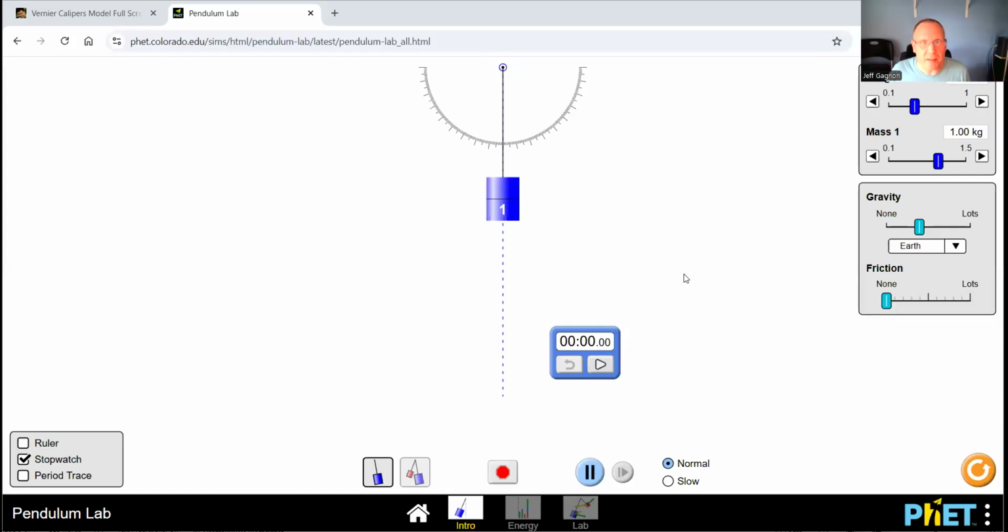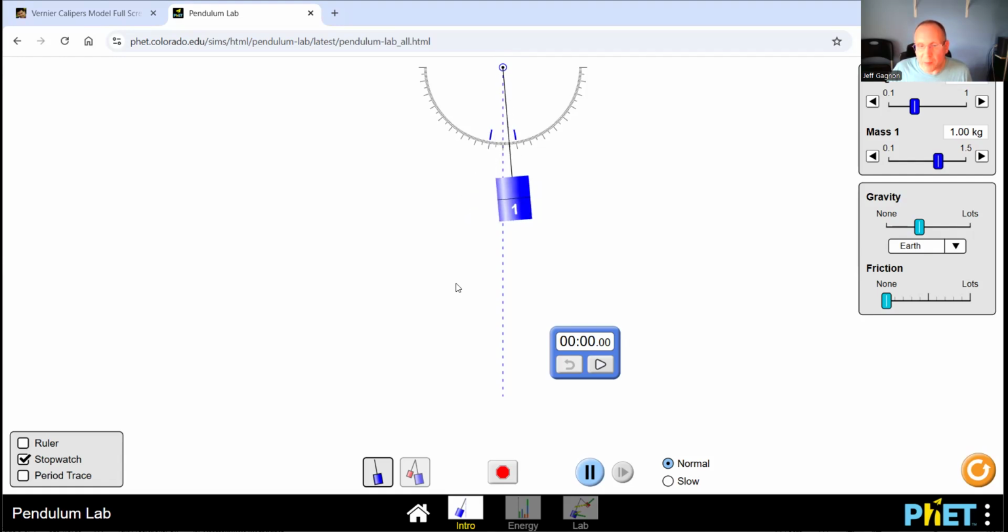Okay, so here is the simulation of the simple pendulum. So you can think of a simple pendulum as a mass, like some people call this a bob, that's suspended from a lightweight rod, or it could just be a string. And basically what we do is we displace the mass by a small angle, say maybe 10 degrees, release it, and it's going to oscillate back and forth.